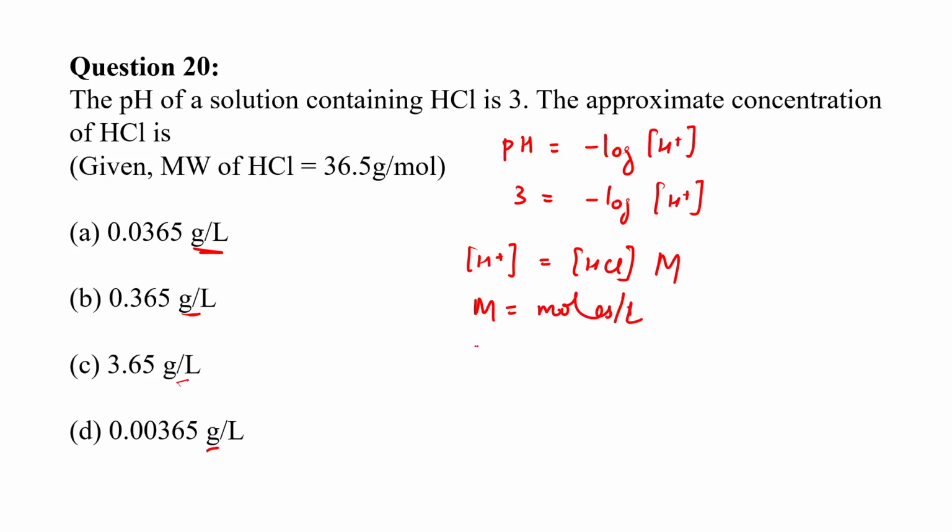And what are moles? Moles is the given mass upon the molecular weight. So if I multiply the moles with the molecular weight, I'll get the grams per liter. So whatever the molarity will be, let's see.